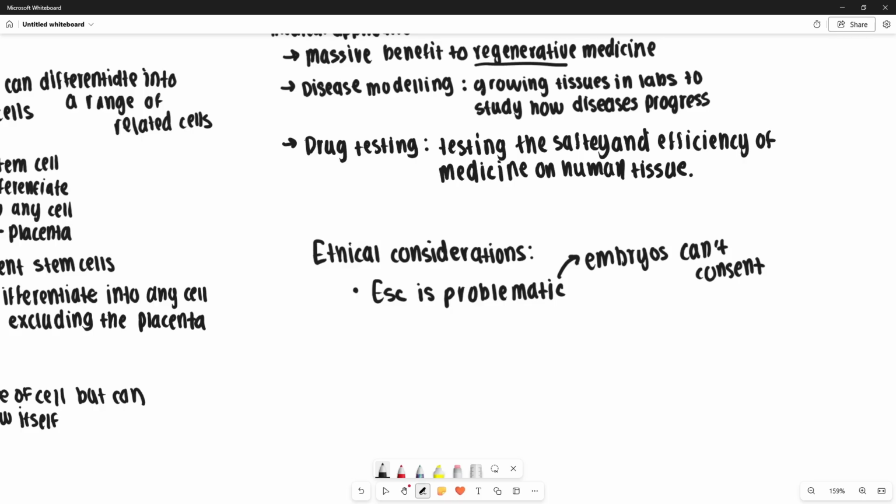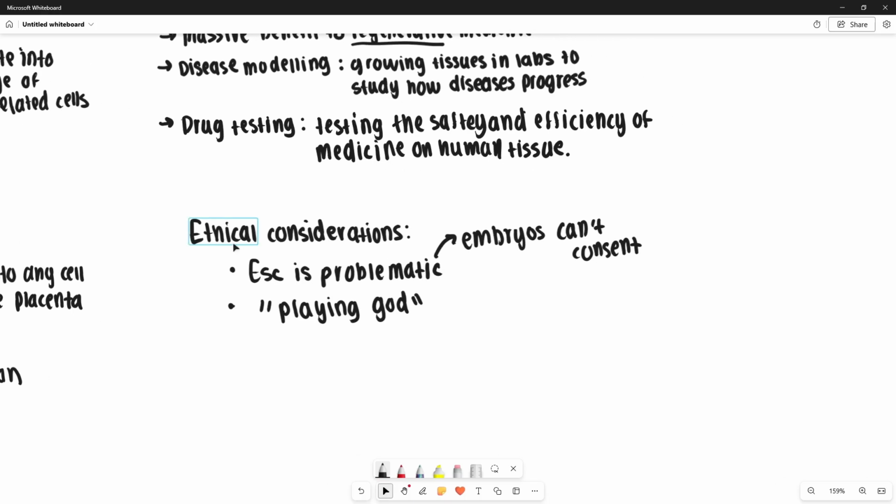And also, there is the risk of playing God. When we are thinking about altering something, even when we're talking about maybe gene therapies, we are inherently going to play God. Someone with Parkinson's, for example, that's how they were made.